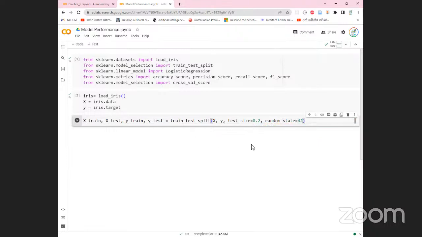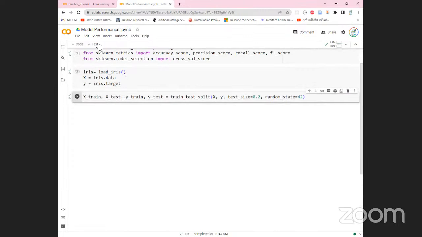What this will do is use a random state and split the data set into test and train. Now you see that all are okay.